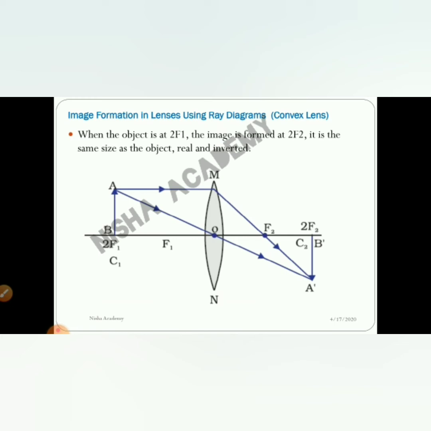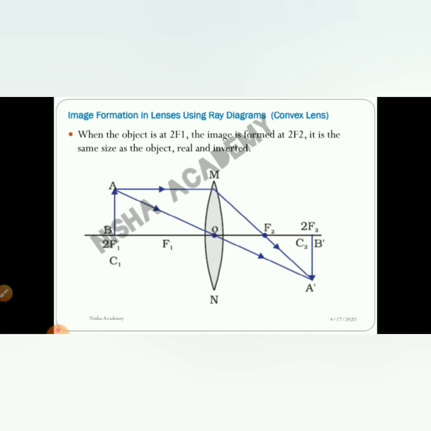Again follow the rules that we had discussed. The ray which is parallel to the principal axis passes through the focal point f2, and the other, which passes through the optical center, goes through the lens without any refraction, and both of these meet exactly at C2, that is 2f2.